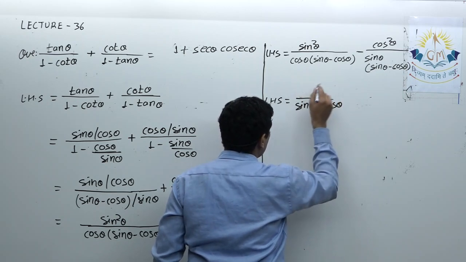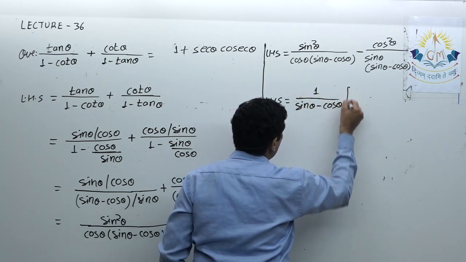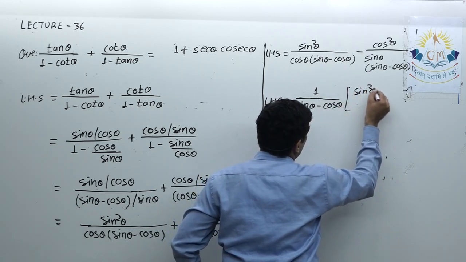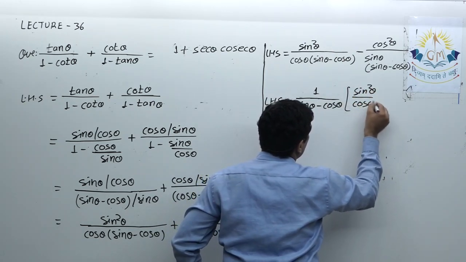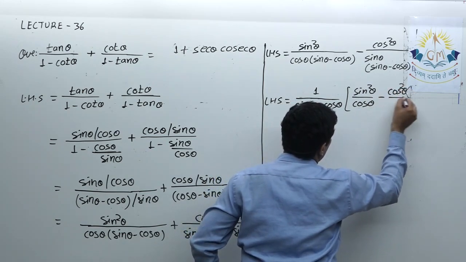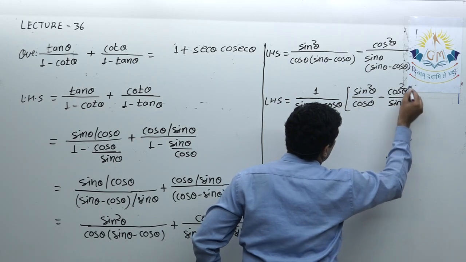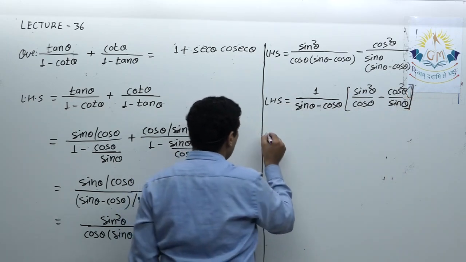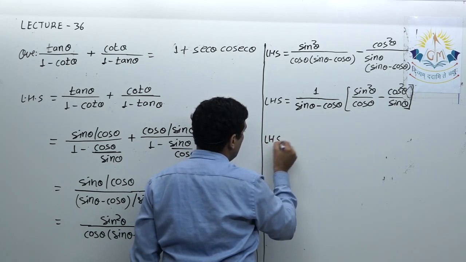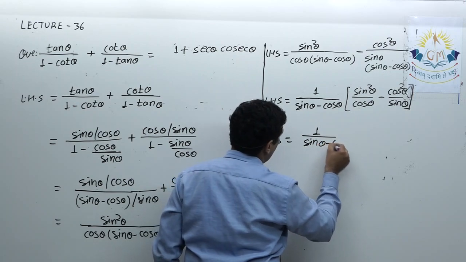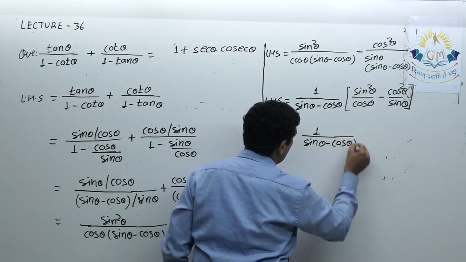When I take this common, what I am left with is sin square theta upon cos theta minus cos square theta upon sin theta. Now when I solve it further, here it is 1 upon sin theta minus cos theta.